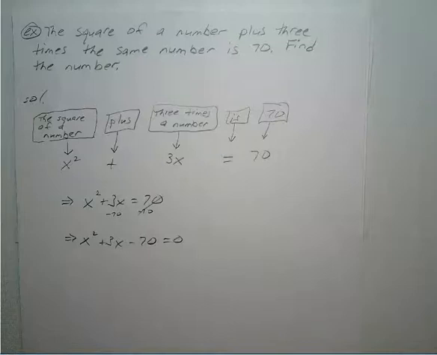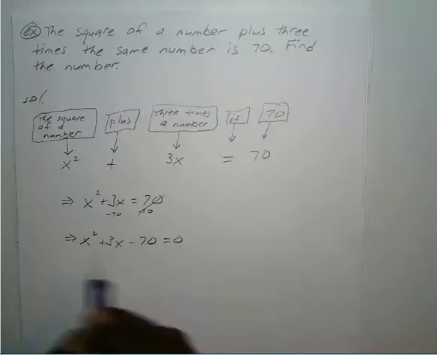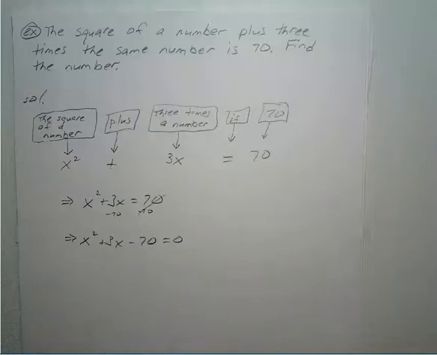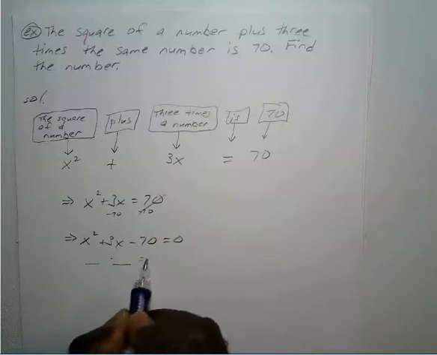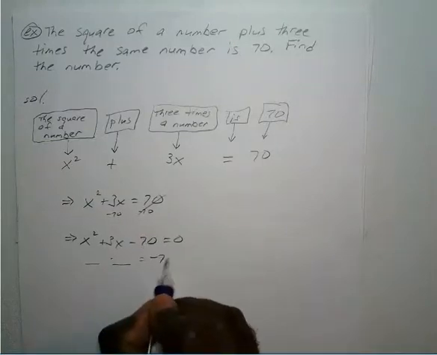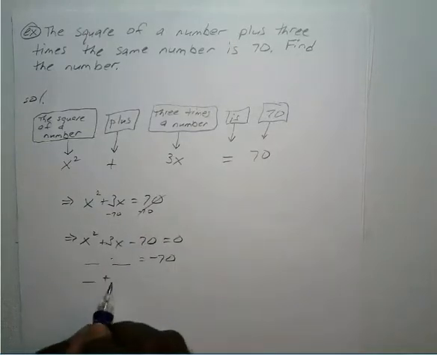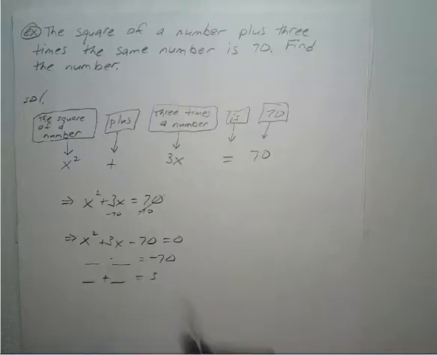So this is in the form where we can really apply the direct method of factoring. We find two numbers that multiply to equal our C value, and those same two numbers add to equal our B value.